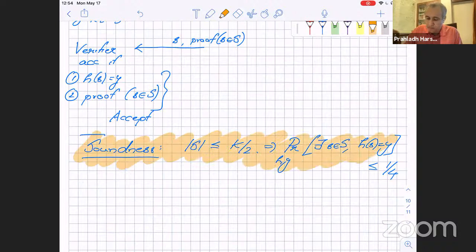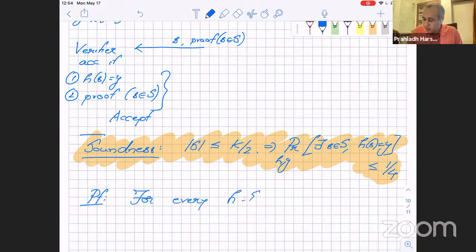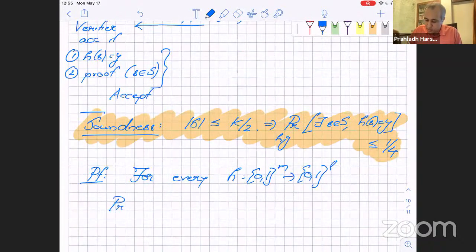In fact, we'll show that for every h, fix an h. What is the probability over y such that there exists an s in S with h(s) equal to y?